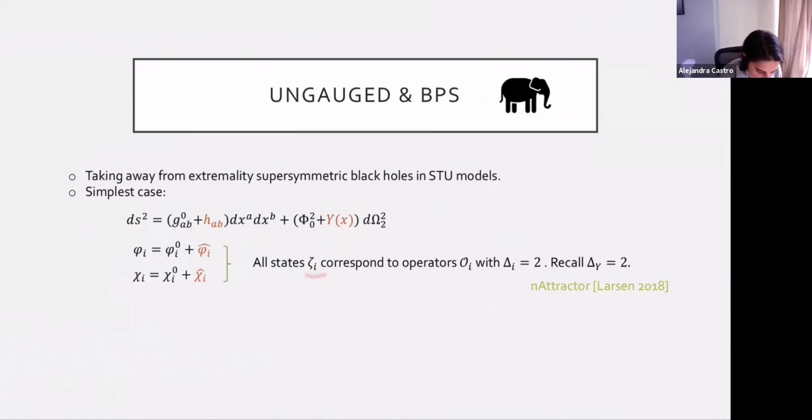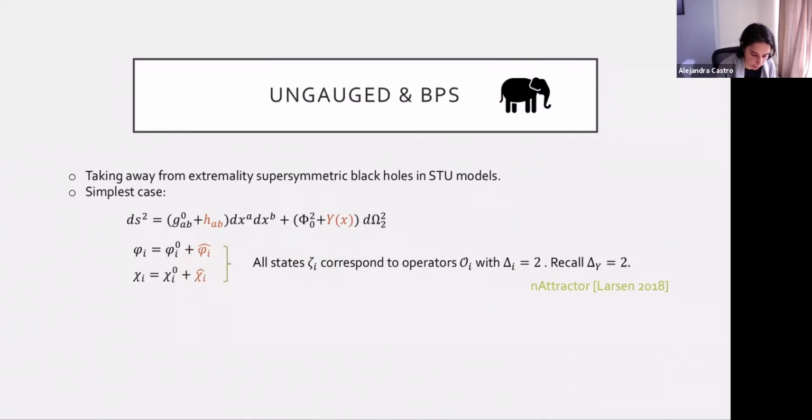It's quite cute that all of these orthogonal states that you build have conformal dimension equal to 2. It's basically reflecting the fact that from the point of view of Minkowski 4, all of these fields are massless. So that's why in AdS2 they have conformal dimension 2.